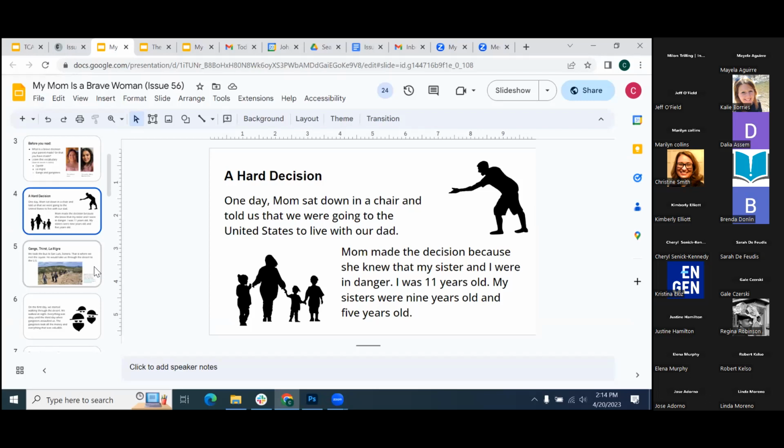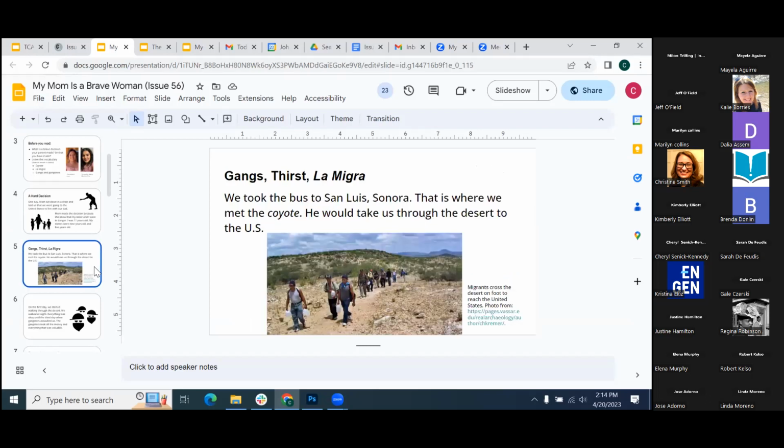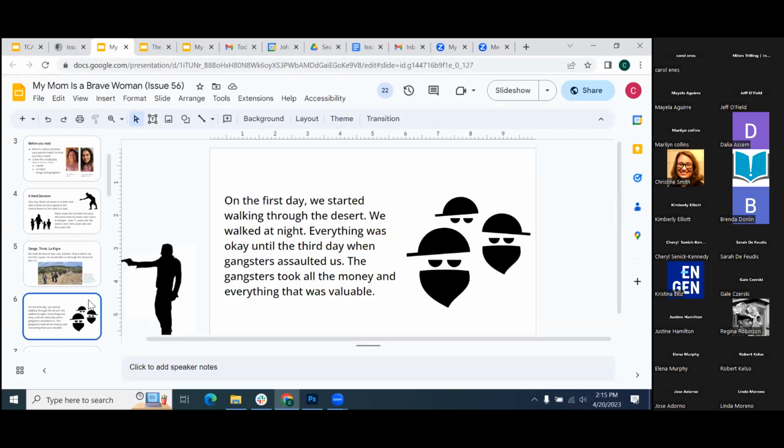My sisters were 9 years old and 5 years old. Gangs, thirst, La Migra. We took the bus to San Luis, Sonora. This is where we met the coyote. He would take us through the desert to the US.